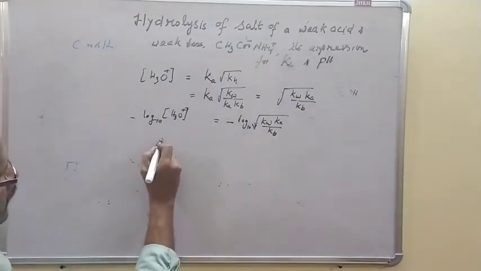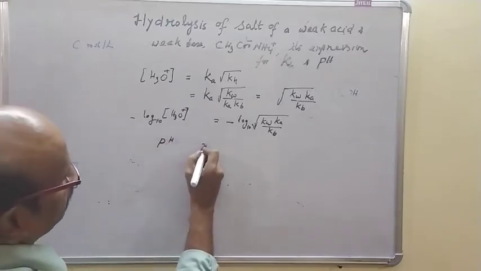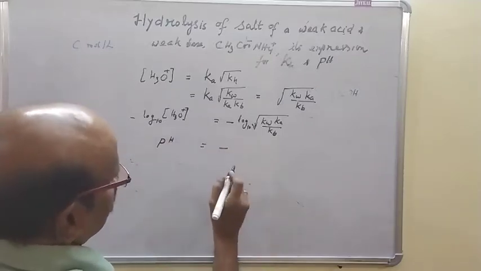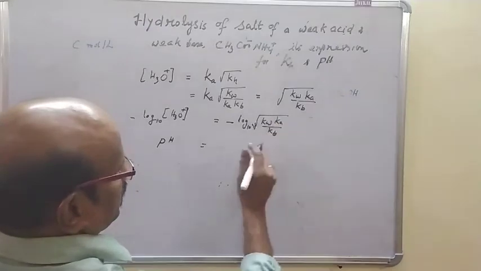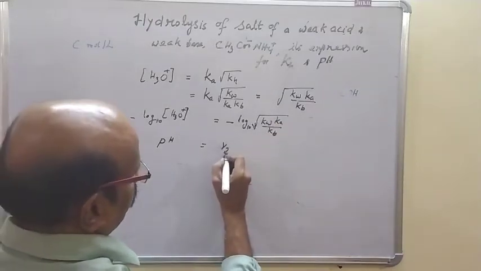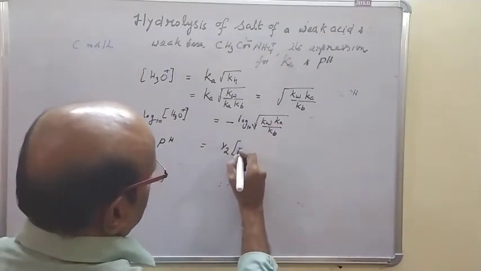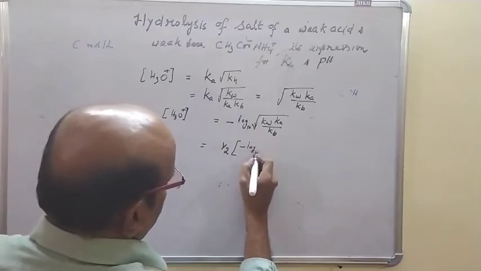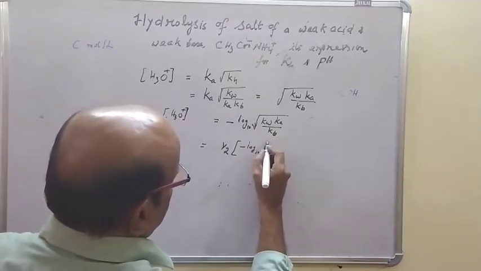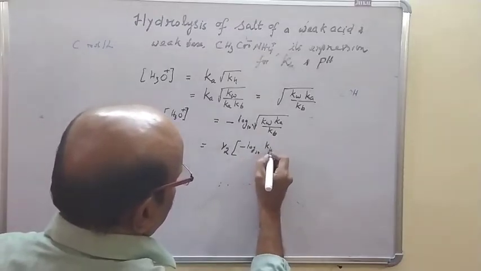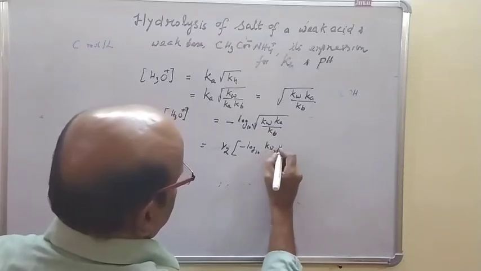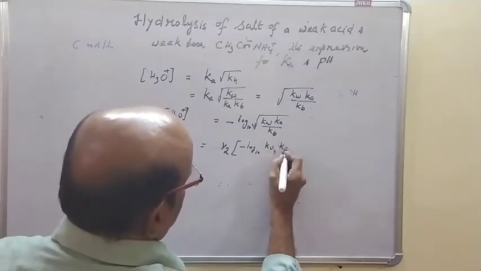So pH is equal to half into minus log base 10 of Kw into Ka by Kb.